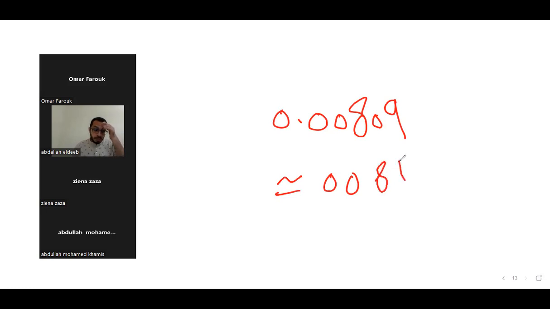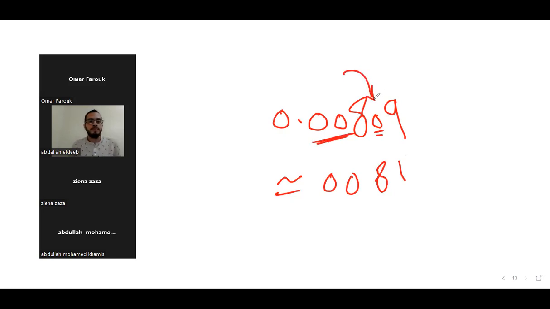Hmm. But Abdullah, we said we don't count zeros. But it is before it, it's 8. 0 in the middle, it's okay, no problem. But here, it is useless. We don't count it. But if it's in the middle, it's okay.